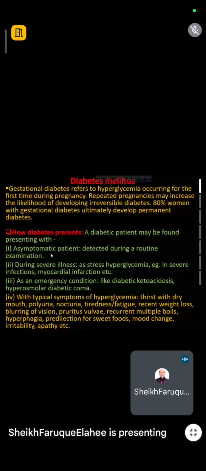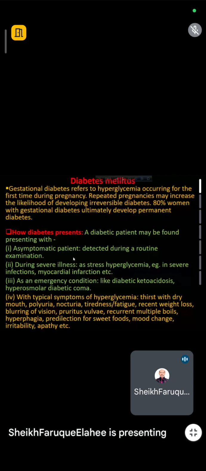That's why the first point is the asymptomatic patient. Many patients come to us and they do not have anything. He came for something else, but we do this routine test, and this will help us diagnose his undiagnosed disease condition. That is number 1.